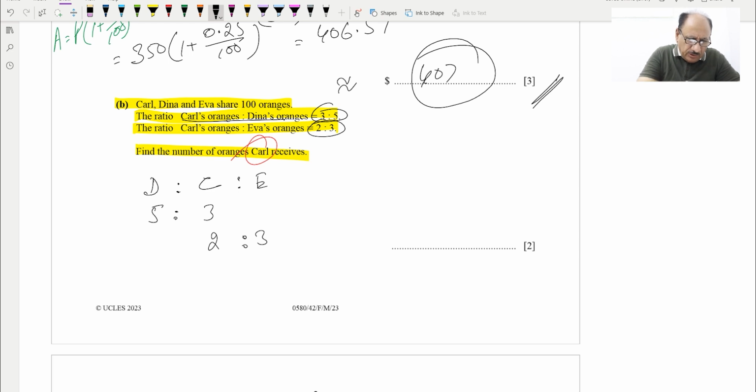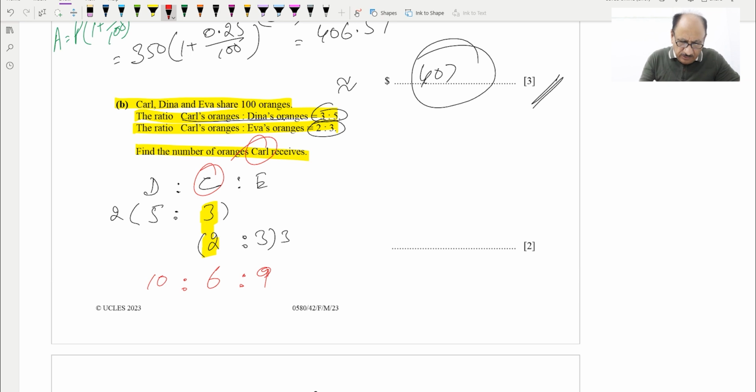Now we need to equalize these two ratios. We can equalize them by multiplying the first one by 2 and the second one by 3. So we get 6:10 and 6:9. This is how we equalized the ratio of Carl.